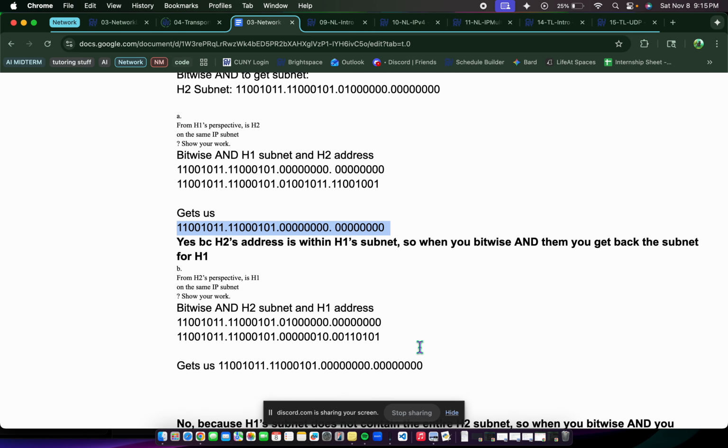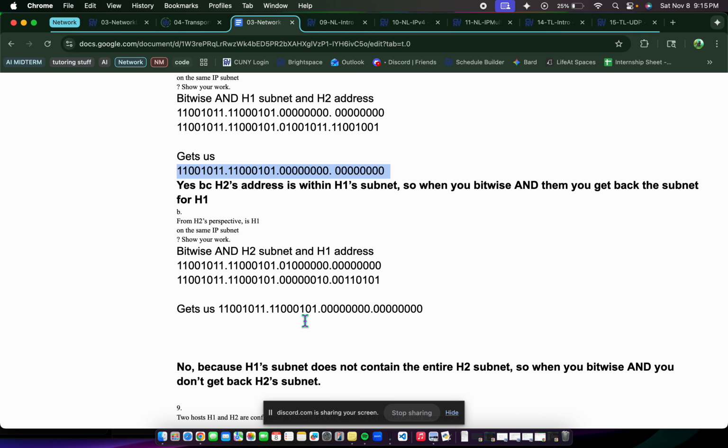Now you're going to see on part B, this is not going to be working, right? From H2's perspective, is H1 on the same IP subnet? So this time it's H2's subnet and H1's address. I'm going to bitwise AND these, and this time I get this number over here. This is not the same as this.